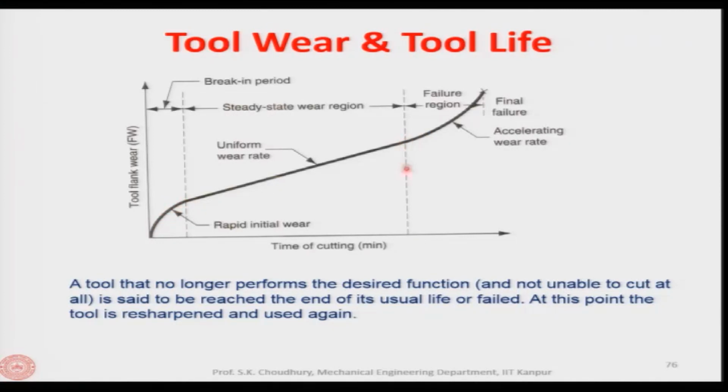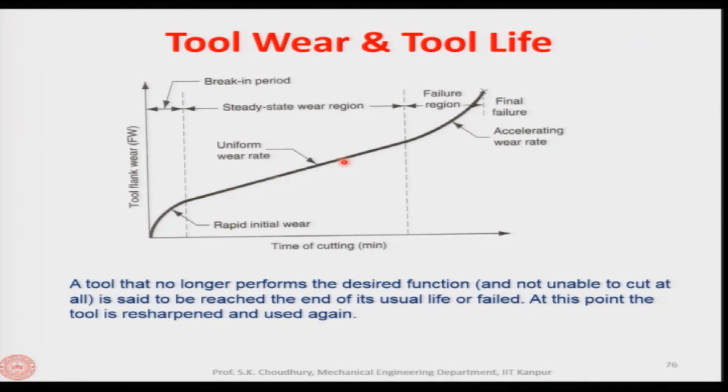Then after some time the flank wear flat will be so high that the tool can fail any time after this point. This is called the failure region, or sometimes the catastrophic failure. This is the accelerating wear rate. The wear rate will be very steeply accelerated because the wear flat has gone up.